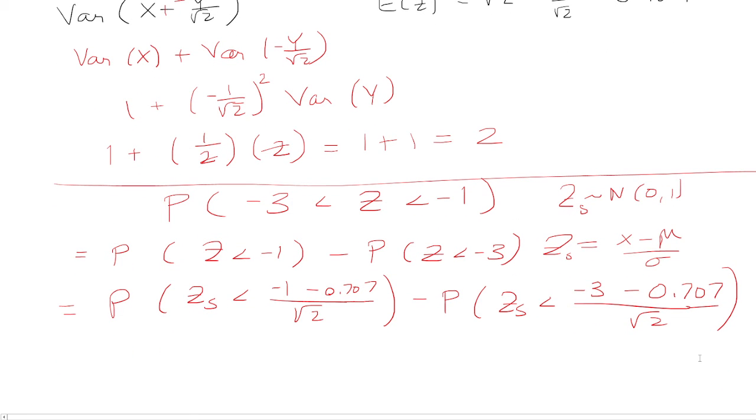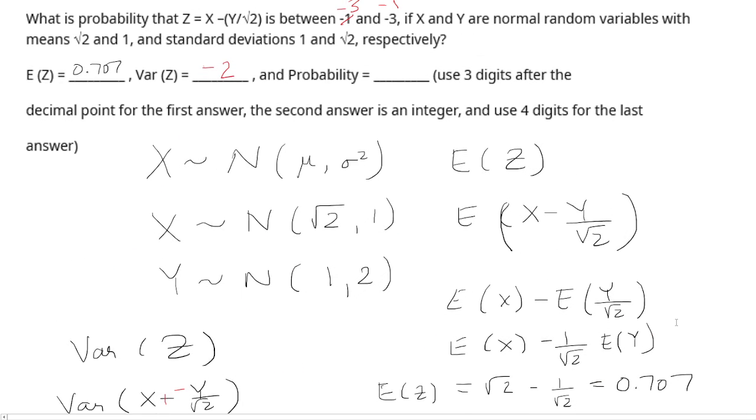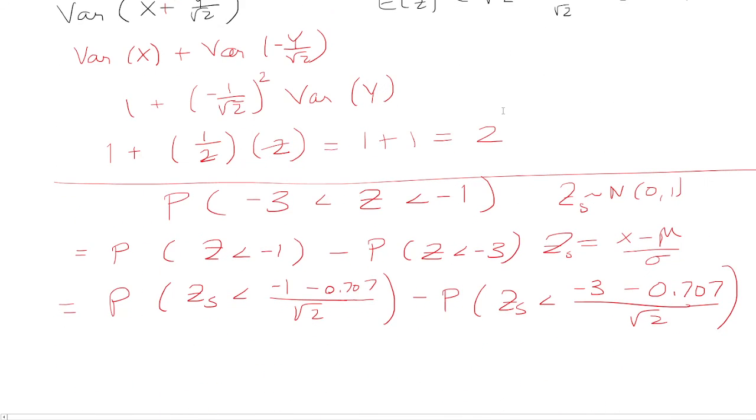At this point, you can use one of the tables or your calculator, but recall that we want to use 4 digits for the last answer. So the 4 digits, I think, refers to the decimal places. Let's look at that. First, we can simplify this.